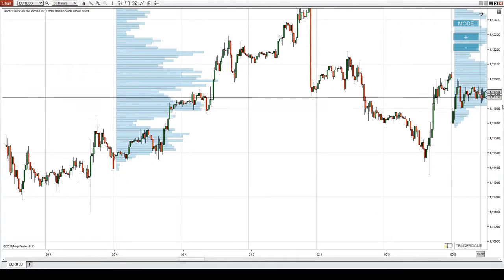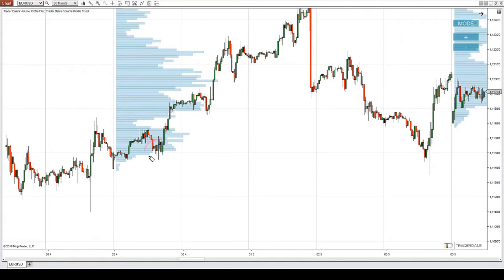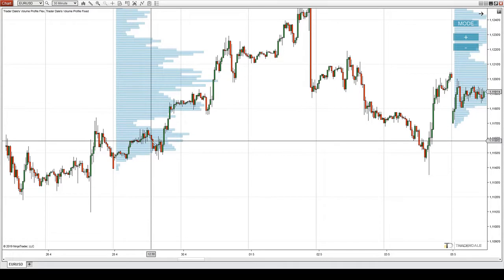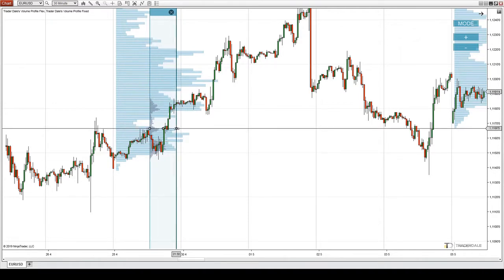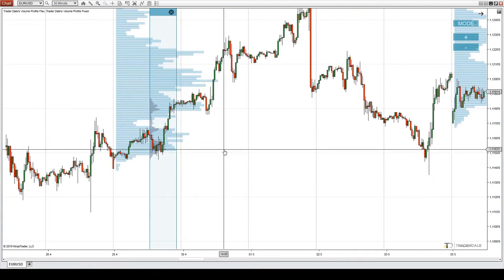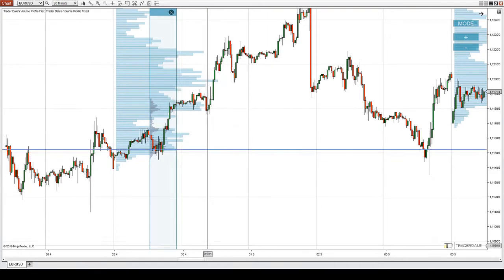Now let's have a look in here, because there's another rotation followed by strong buying activity, another volume accumulation setup. Let's use the flexible profile so we can see where the volumes are the heaviest within this rotation. In this case, it is in here.